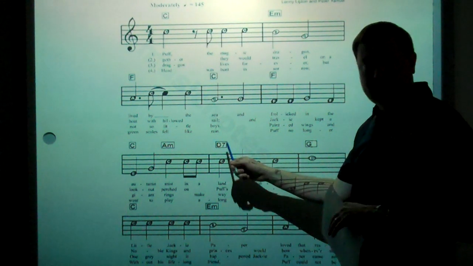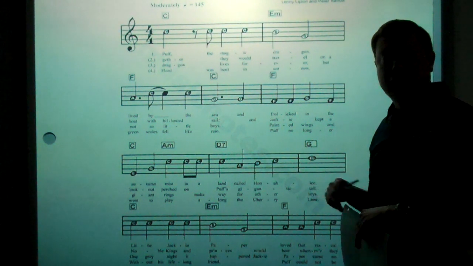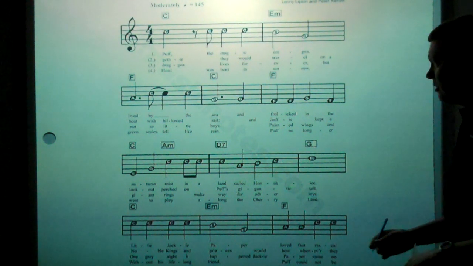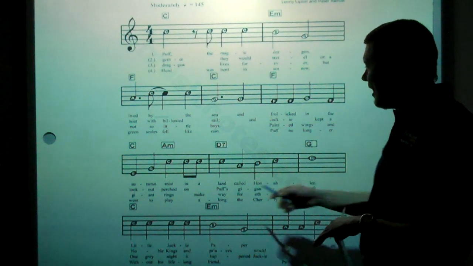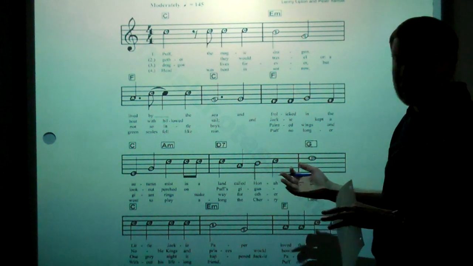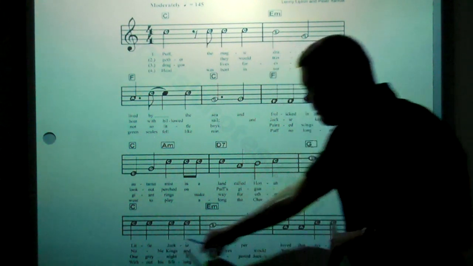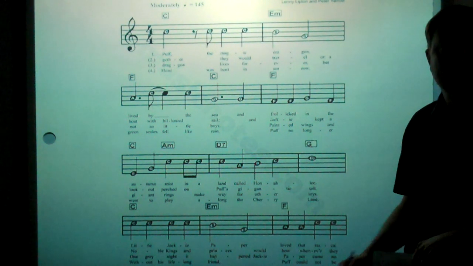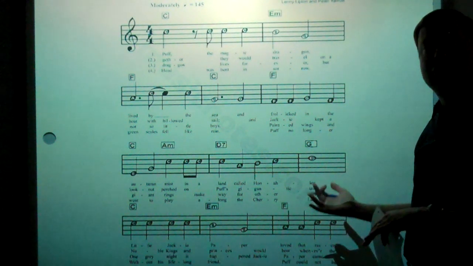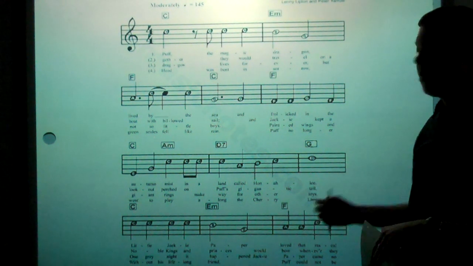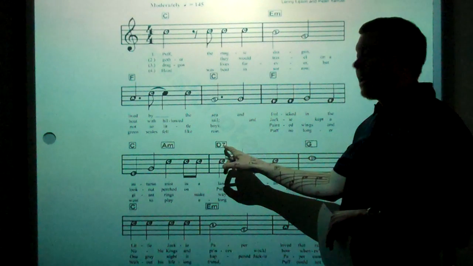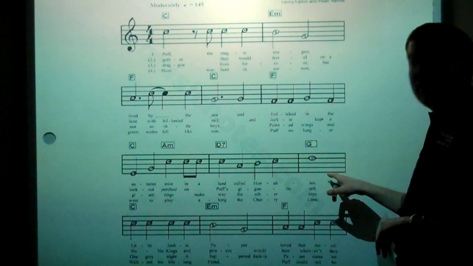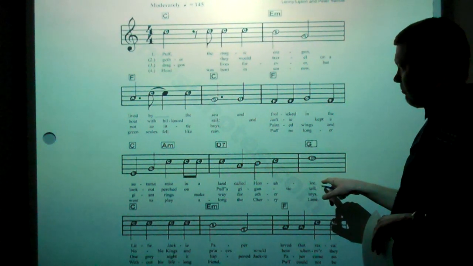Yes, D7 is the dominant 7th of G. But we're not in the key of G. So we can't analyze this as just 5-7 to 1 in the key of G. In fact, if we looked at the music that follows, we go back to C major right away and we have another part of the verse. So we haven't changed key. We're still in C major. So the only way we can analyze this chromatic chord is to say that it is a 5-7 of the chord that follows it. Okay?